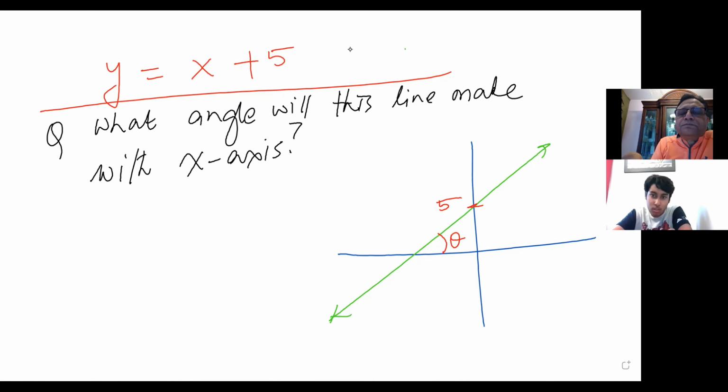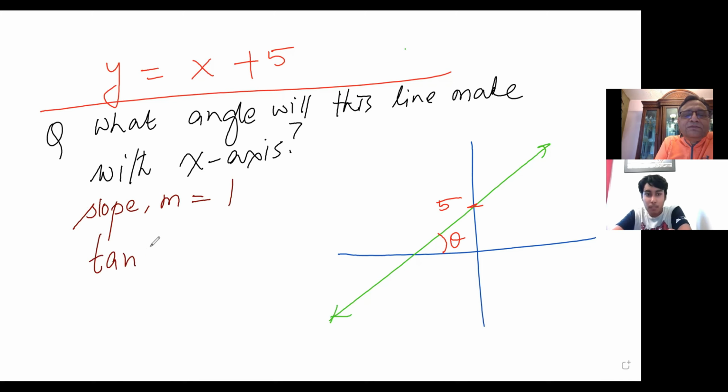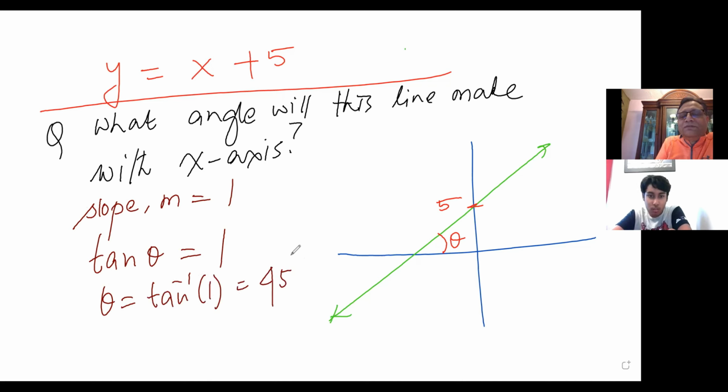To find it, what is the slope of this line, y equals x plus 5? It'll be 1, sir. And therefore, tan theta is equal to 1. So theta equals tan inverse of 1, which is 45 degrees, correct?